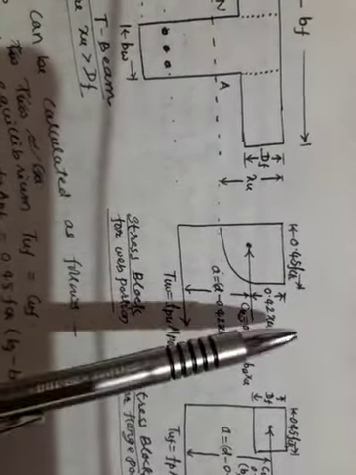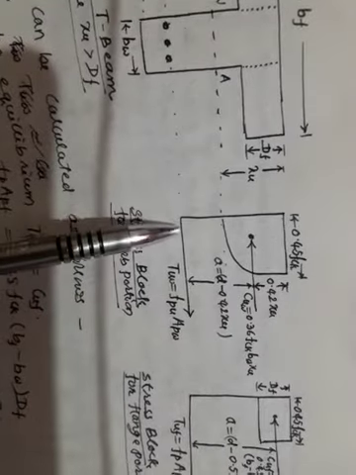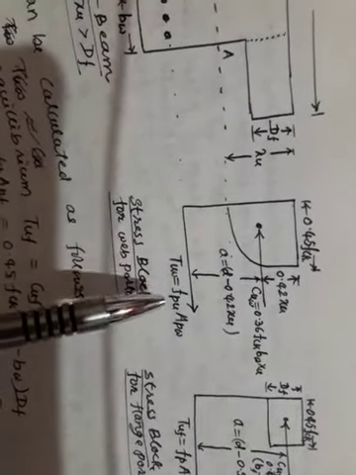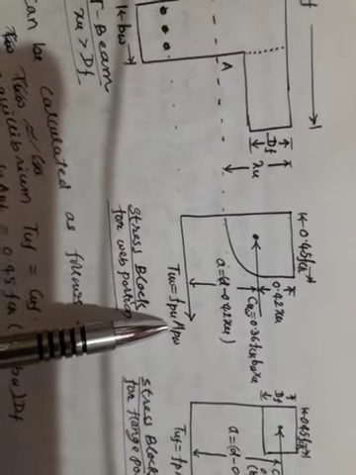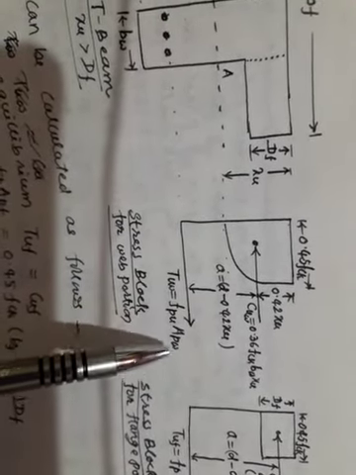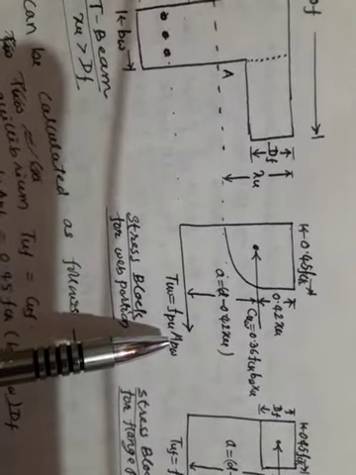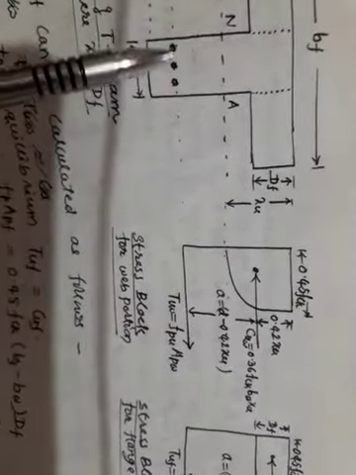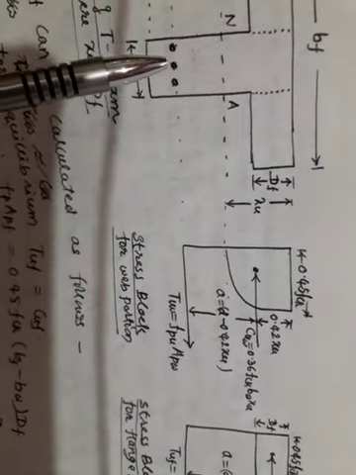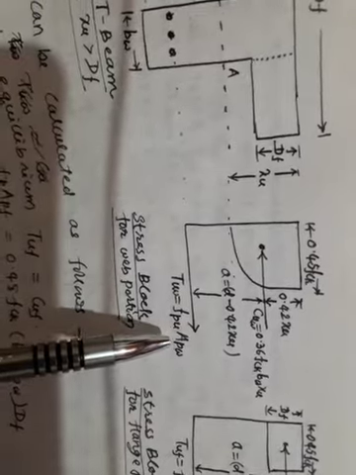The TU force can be written as FPU into APW. APW is the pre-stressing steel required for the web portion. AP is now split into APW and APF.